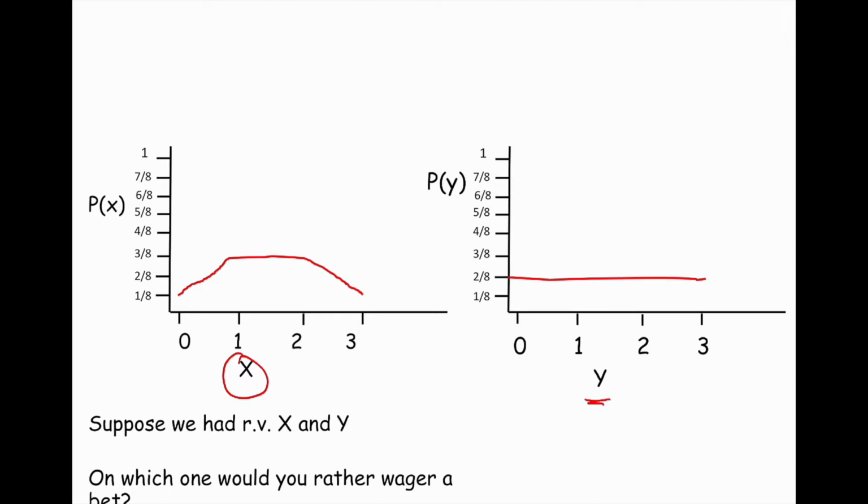And so the reason why it's better to play System X for the 3-coin flip game is because it doesn't vary as widely in the values. Okay? All right. Questions? Okay.